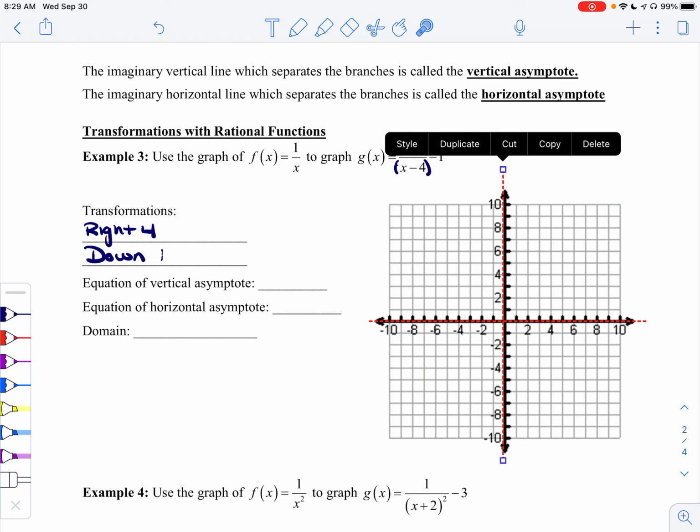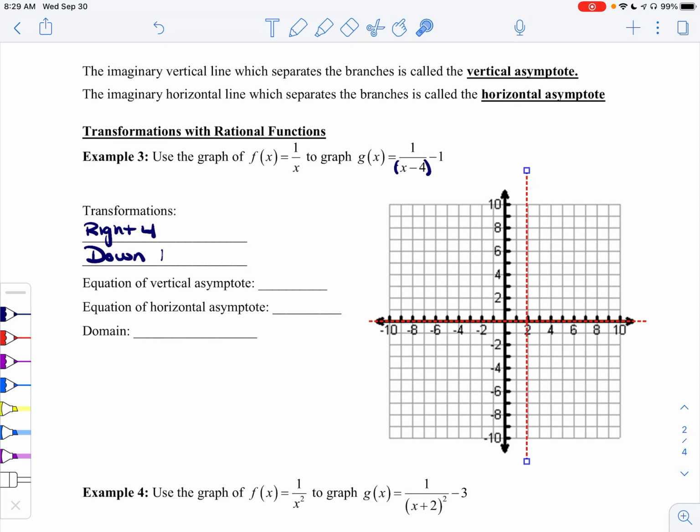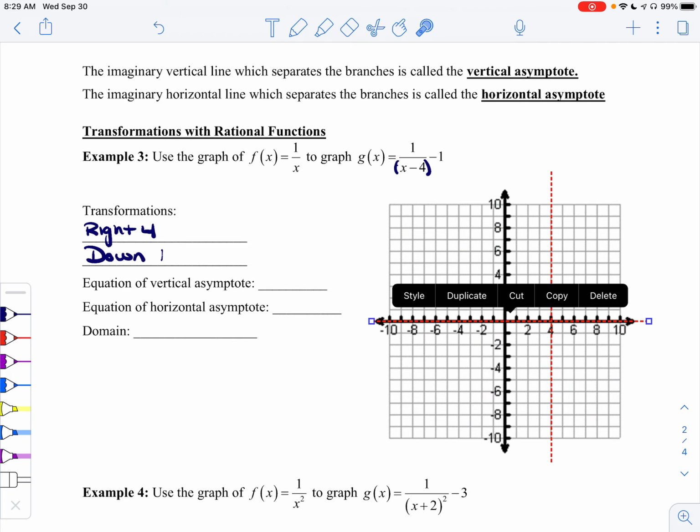So what we're going to be thinking now is if we're taking our whole function and shifting it 4 units to the right, well, it's also going to take this vertical asymptote and shift it 4 units to the right as well. If we were to take the horizontal asymptote and shift it 4 units to the right, nothing would change. It's still the same old horizontal asymptote. So that's not affected by our shift to the right. What is going to affect the horizontal asymptote, though, is the shift down 1. So we're starting with our original asymptote at y equals 0, and it's going to go down 1 to y equals negative 1.